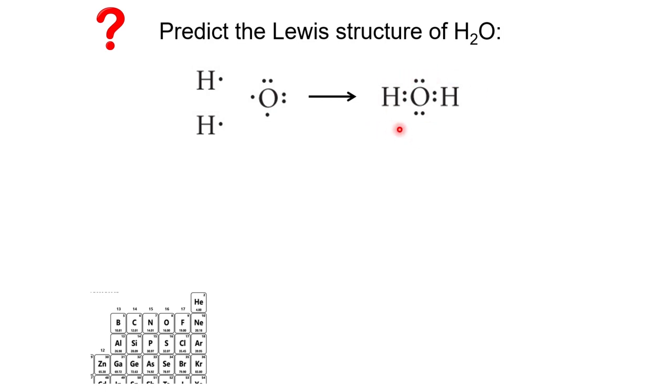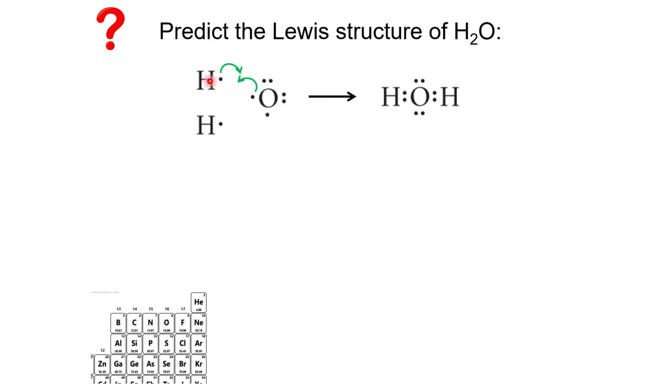We called it the octet rule, but since hydrogen is so tiny, it only needs 2 to fill its outer valence shell, right? Because the valence shell is the 1s orbital, and only 2 electrons fit there. Helium also only has 2 electrons in its noble gas configuration because, again, it only has a 1s orbital, and that 1s orbital only holds 2 electrons.